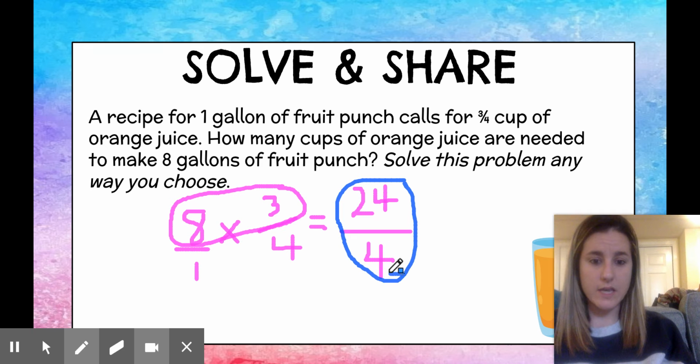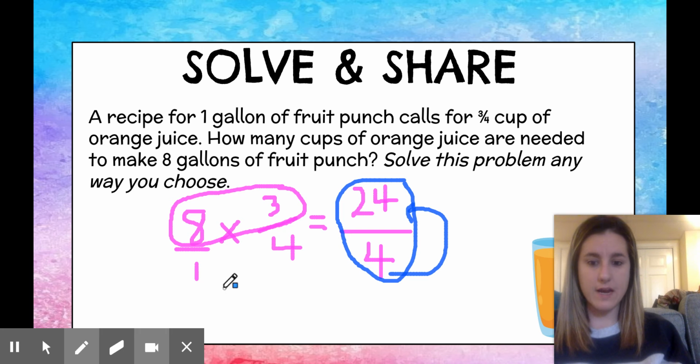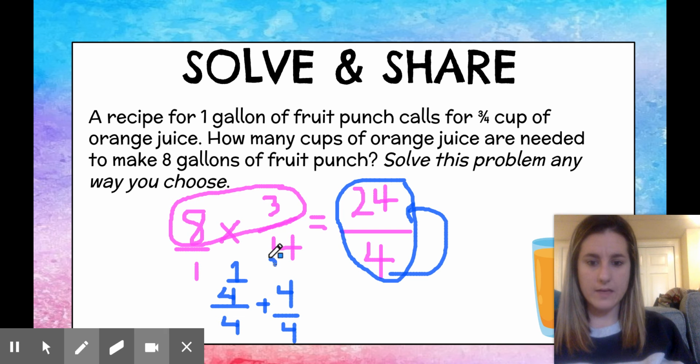So I want to think, how many times can 4 go into 24? Or how many 4/4 can I make? So I can make 4/4, which would equal 1, plus another 4/4, that's 8/4, that would equal 2. I can keep going.